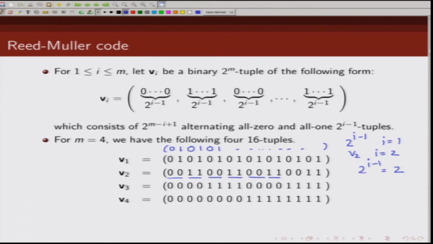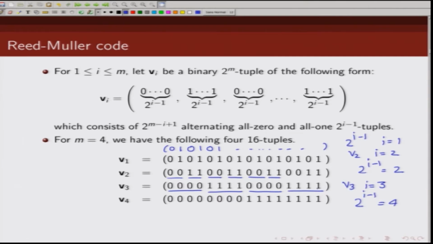This you continue up to block size of 16. What about V3? In this case, i is 3. So, what will be 2^(i-1)? It would be 4. So, you have runs of 0 for 4 times, followed by runs of 1 for 4 times, then again runs of 0 and runs of 1.